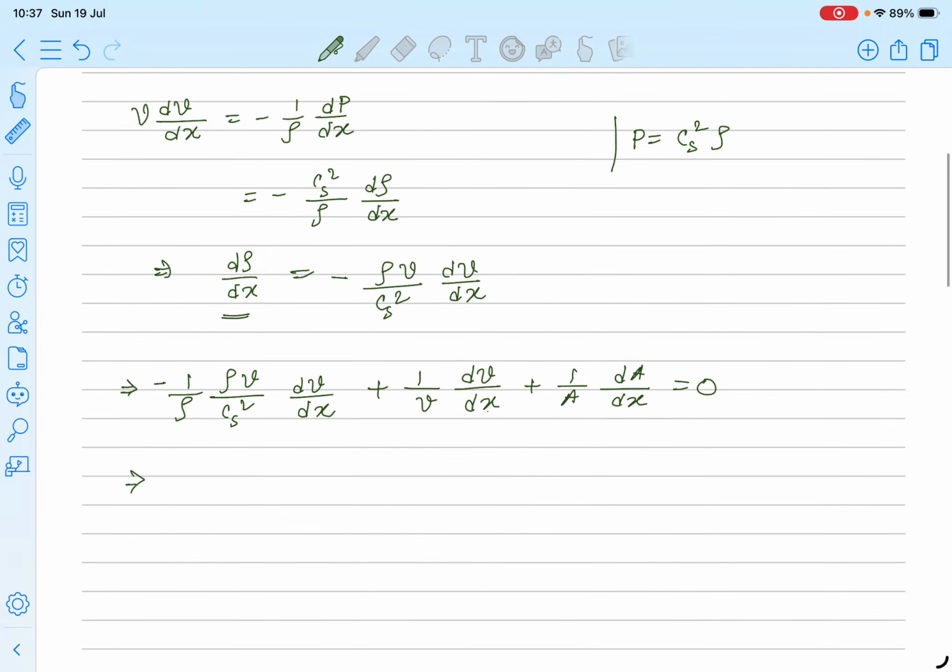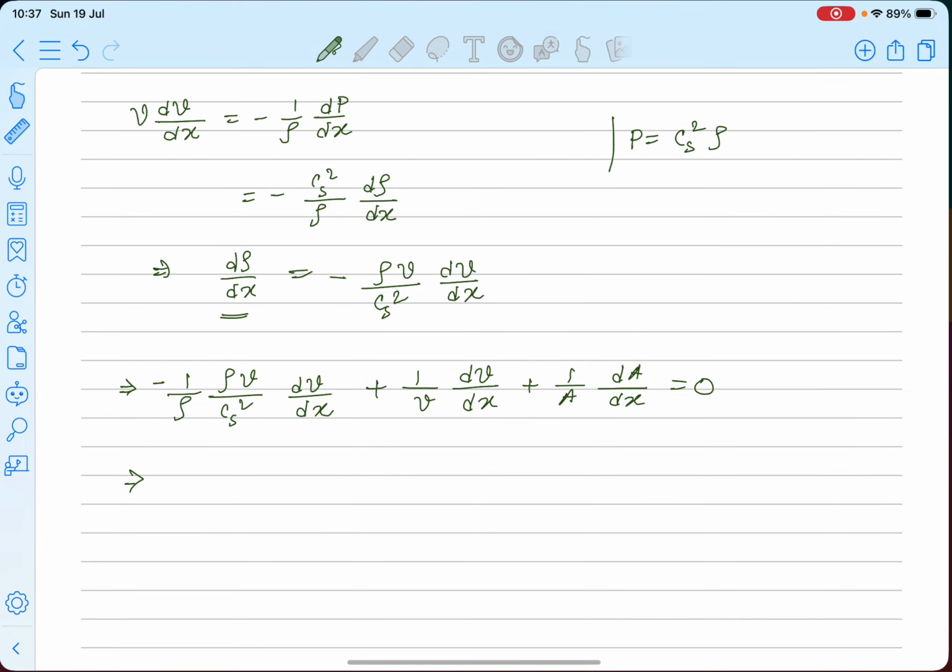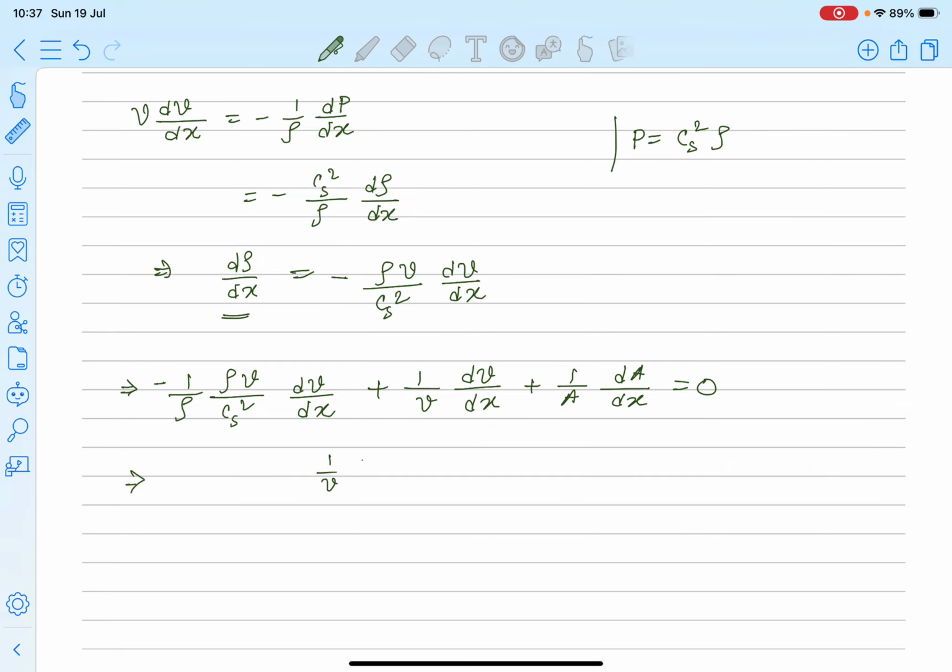Now we can take 1 by V dV/dx common. Inside it will be 1 minus, with rho cancelled, V squared by Cs squared.